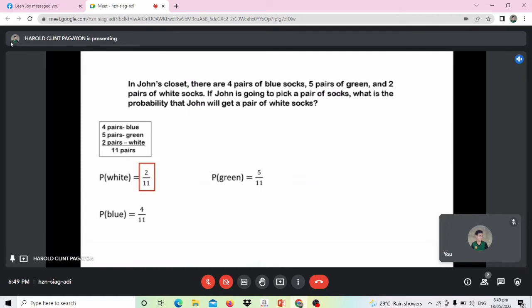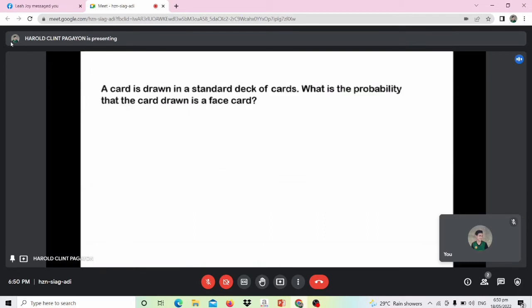So our numerator, since we are looking for the probability of the pair of green Sox, is 5, all over the total pairs of Sox, which is 11. Since we cannot simplify this one, our final answer would be 5 over 11. So that's the probability of the green. Understood? Okay.